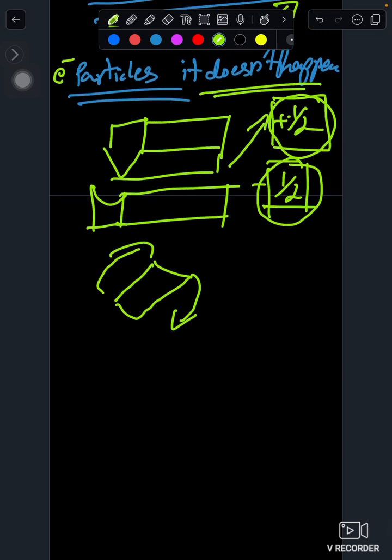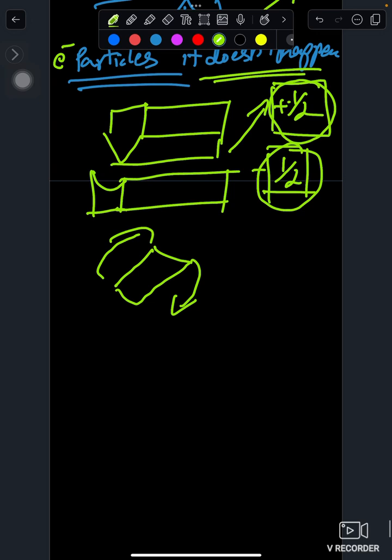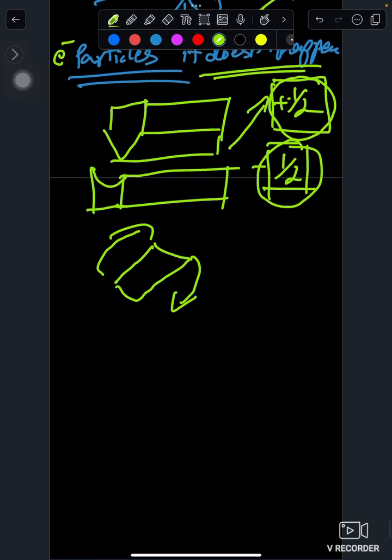The magnetic field wants to twist the electron, we're taking the particle as an electron, just like it twisted the bar magnet to align with its own field. But the electron does not rotate, instead it precesses.